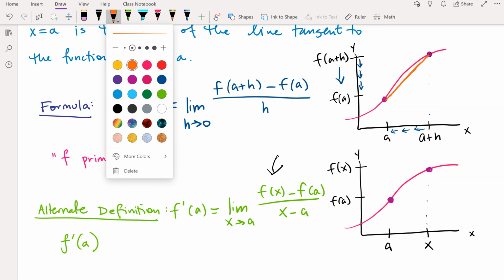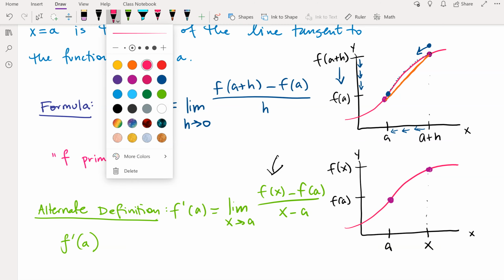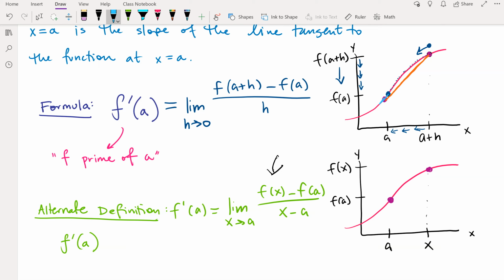But as h gets closer and closer to 0, because we're taking a limit, this dot right here is going to move down the curve, closer and closer to the actual y value at x equals a. So we're taking an orange secant line and we're turning it into a tangent line. It's going to get so close that it looks like a tangent at that point.